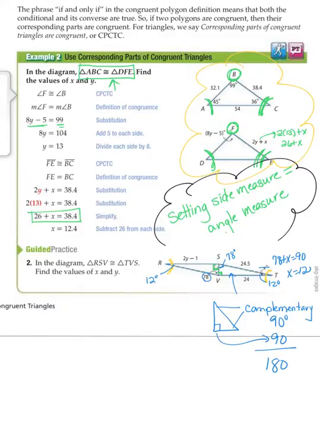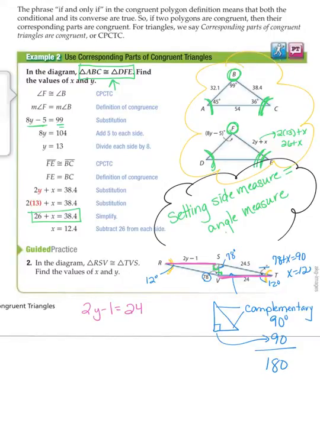It's the sides that can throw us sometimes. So let's look at the sides. I've got R to S. I'll go with pink and see how that does. So from R to S matches from T to V. So that means my 2y minus 1 is the 24 side.